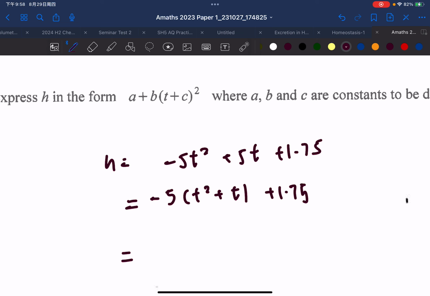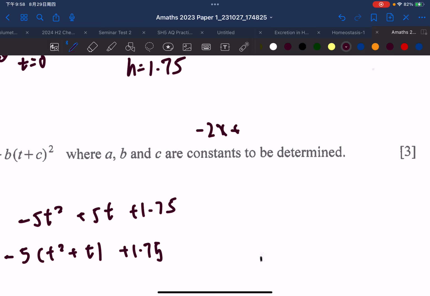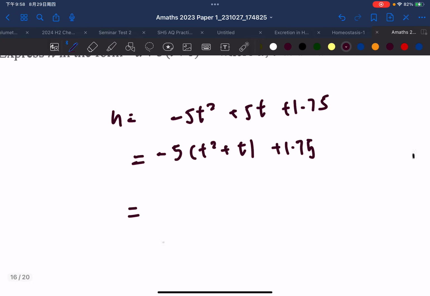So I will factorize the coefficient of t such that there is nothing in front of t squared. Okay, but t maybe will have something. So let's say I have 2x squared plus 4x plus 2, how do I factorize this for completing the square? I make it to be like this. Okay, so I don't want to have any coefficient in front of my x squared. That is the main key thing.